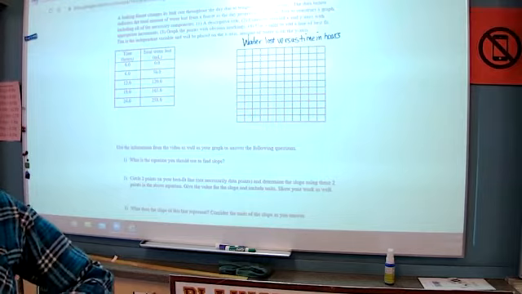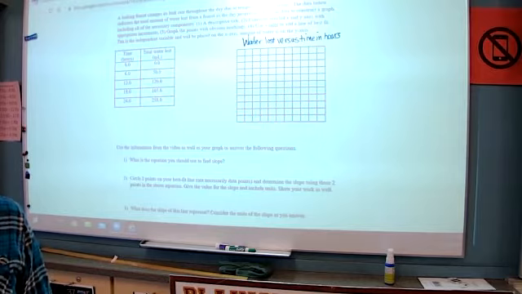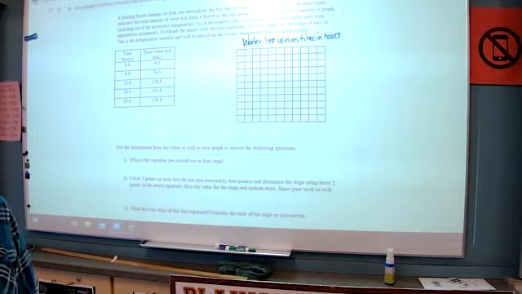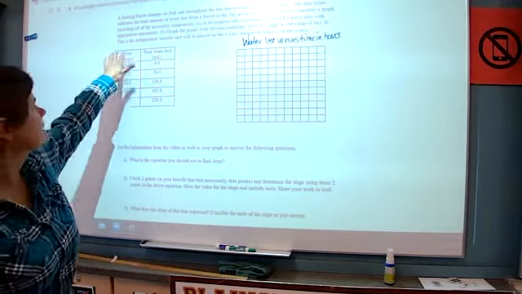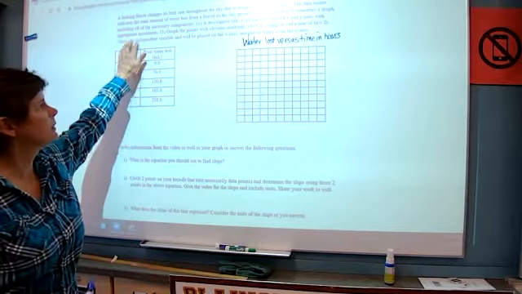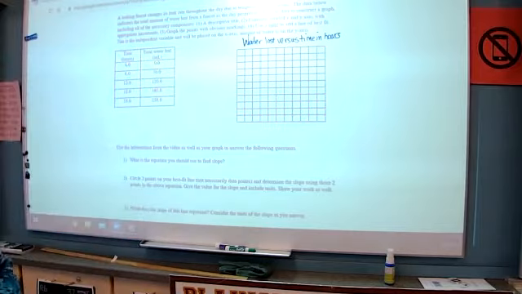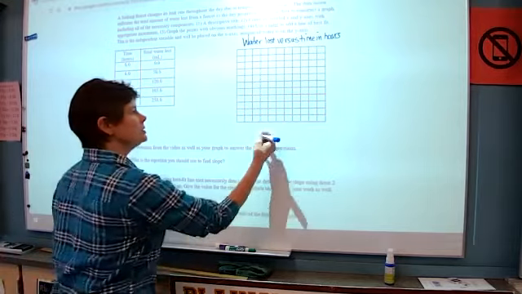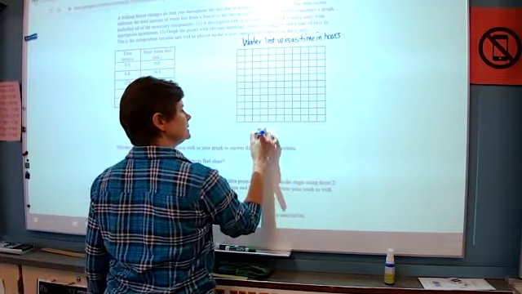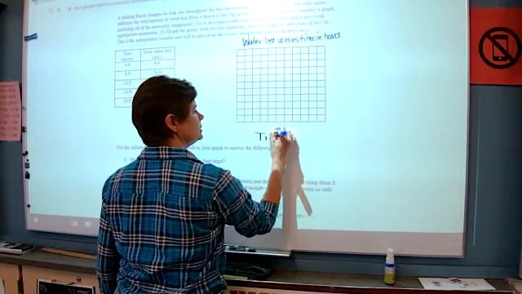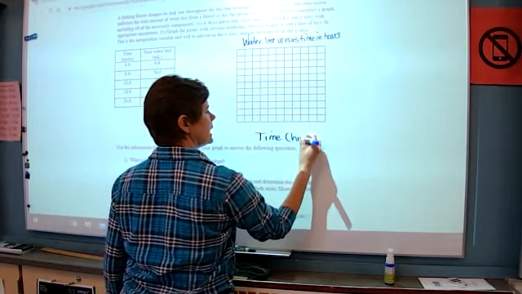The next thing is to correctly label the x and y axis with appropriate increments. If you look at the last sentence in your starting paragraph, it says that time is our independent variable and is placed on the x-axis, and the amount of water is on the y. So for the x, I'm going to put time, and our units, our increments, are hours.